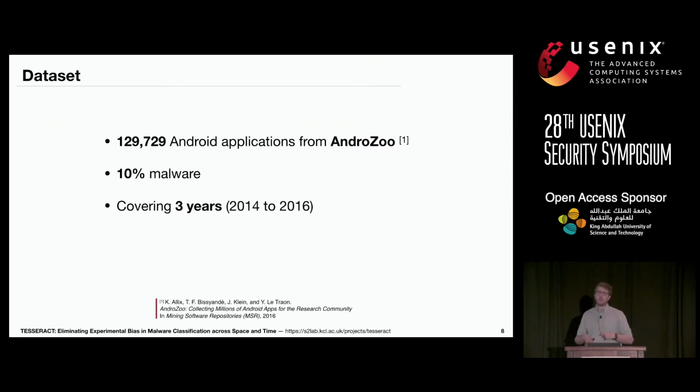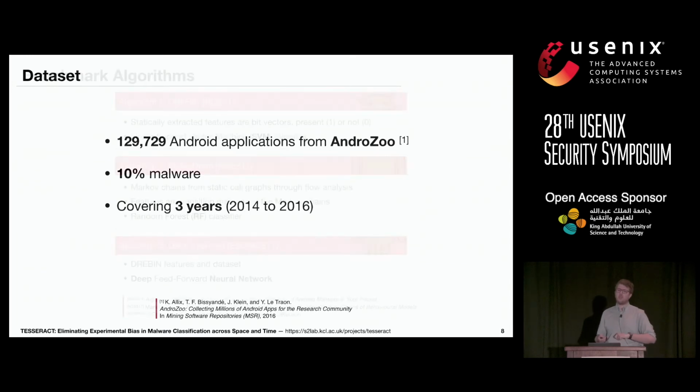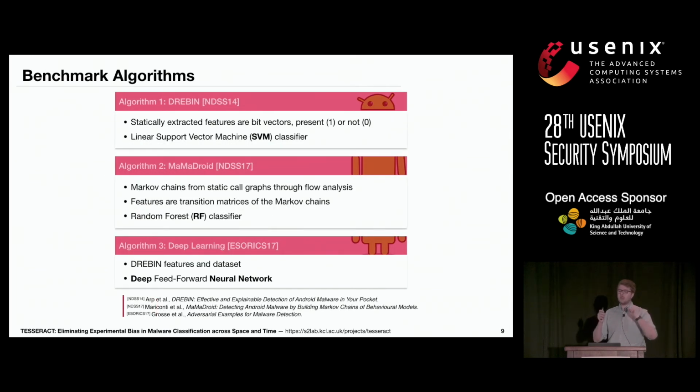We got about 130,000 applications, with an average of 10% malware, a number which was derived from technical reports, measurement studies, and some private talks with industry partners. The dataset we use covers 3 years, from 2014 to 2016. And then we choose 3 benchmark algorithms.